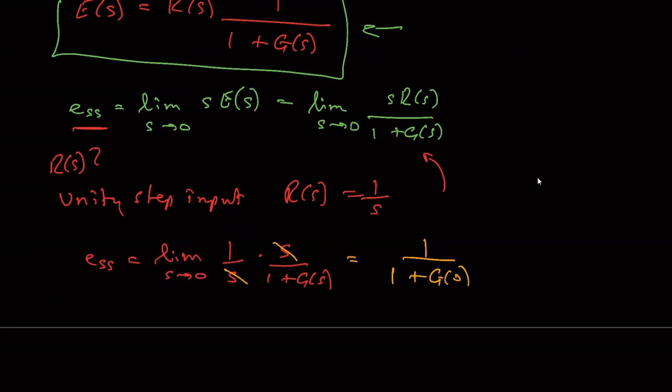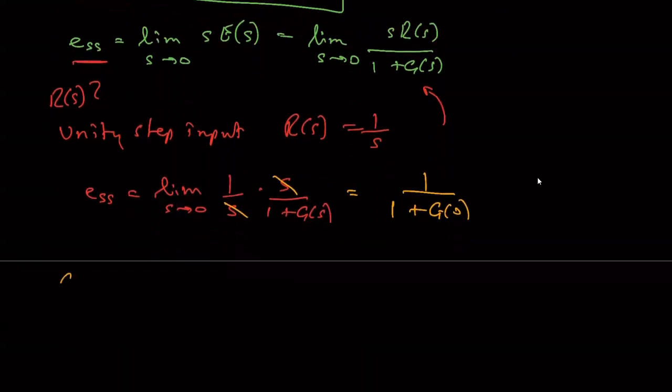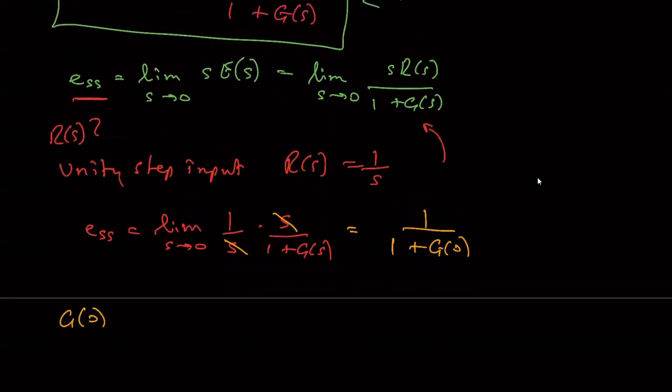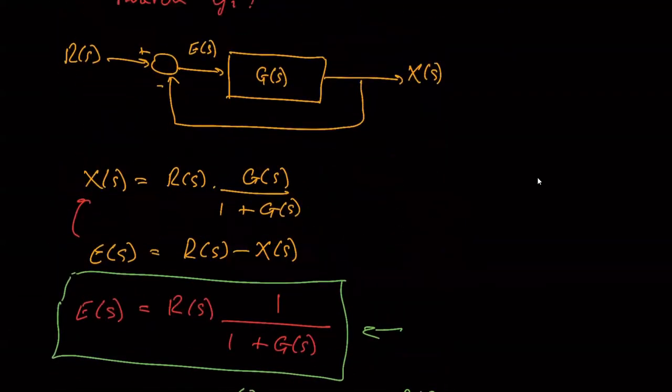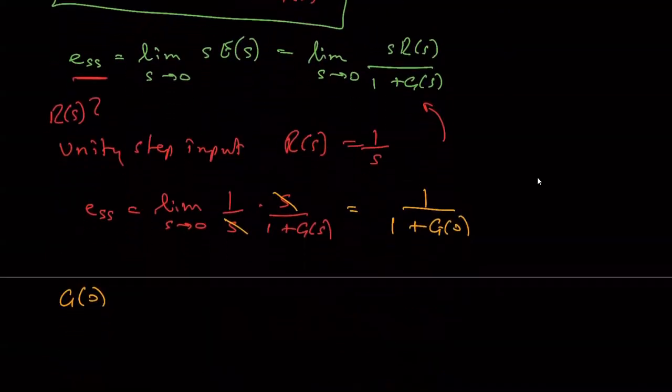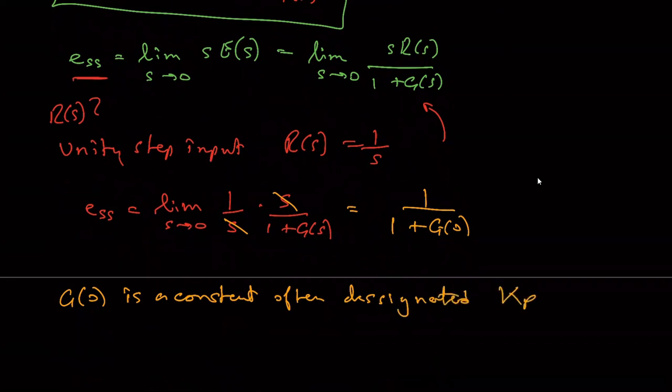Now, G of 0 is often given a name. Although we have unit feedback, it's actually the loop gain. But it's a constant for the particular system we have, and is often designated Kp, which stands for the position error constant.